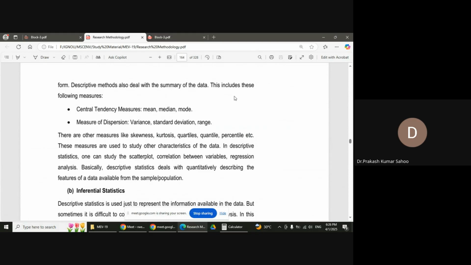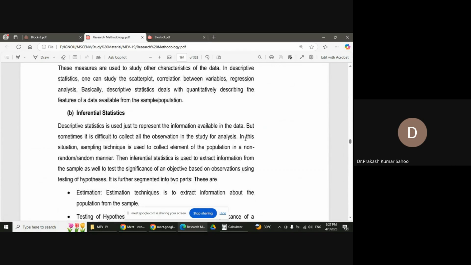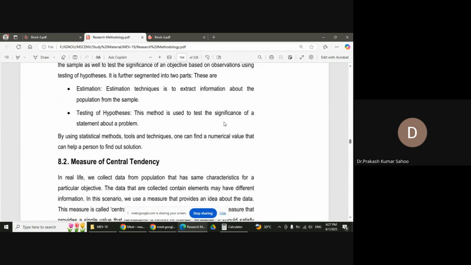Descriptive methods include, for a summary of data, central tendency and measure of dispersion. Central tendency includes mean, median, mode, and measure of dispersion includes variance, standard deviation, and range. Inferential statistics has two parts: estimation and testing of hypothesis.